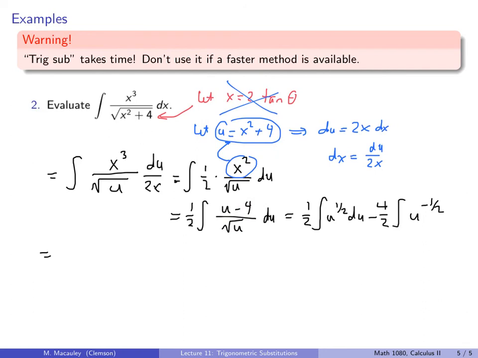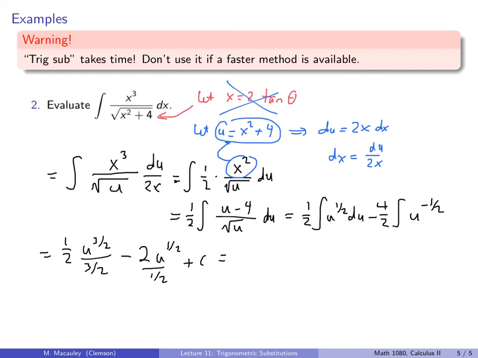So this first one is 1/2 u to the 3/2 over 3/2 minus 2 u to the 1/2 over 1/2 plus c.